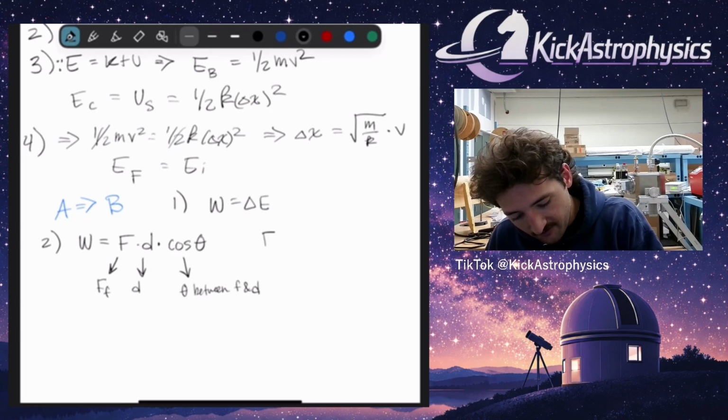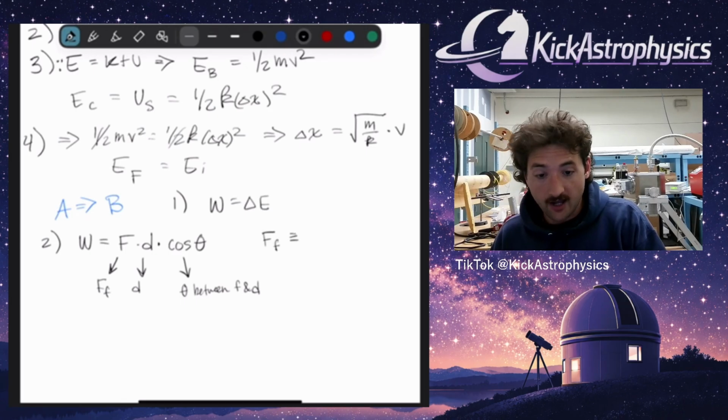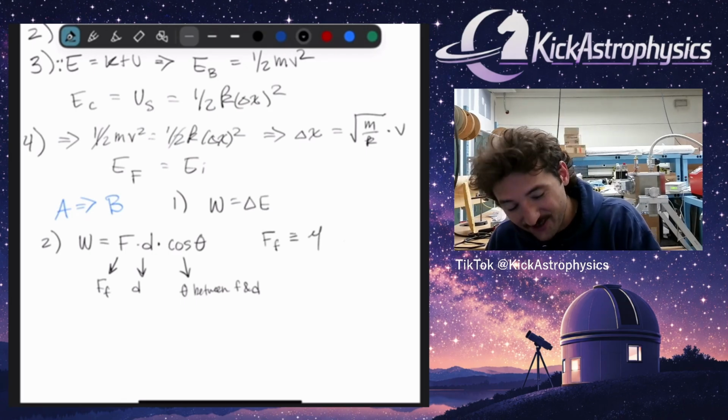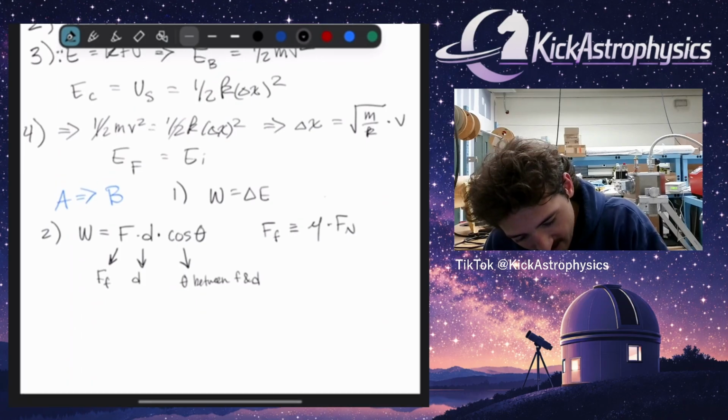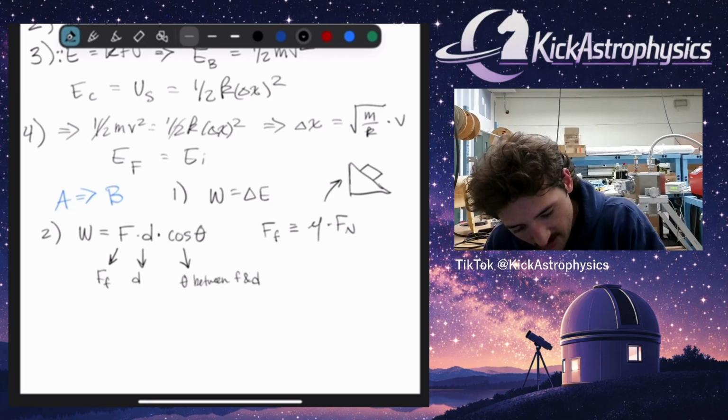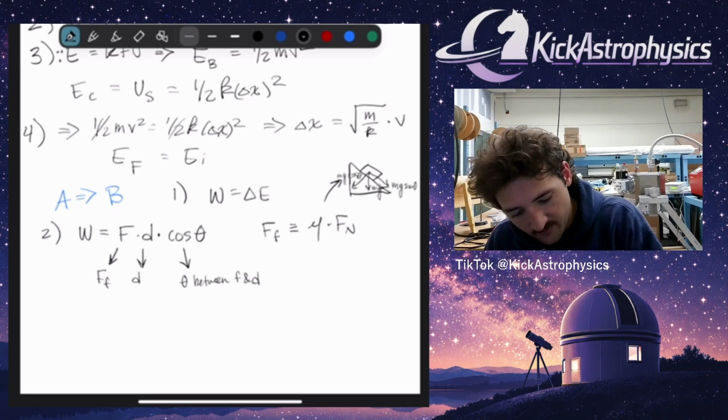Well, force of friction can be represented by, if you recall from your Newtonian mechanics, mu times the normal force, right? And if we did some blow up here, we had our box, and this is our force of gravity, mg. Well, there is a parallel mg sine theta component and a perpendicular mg cosine theta component.